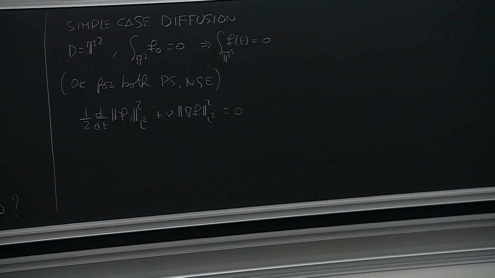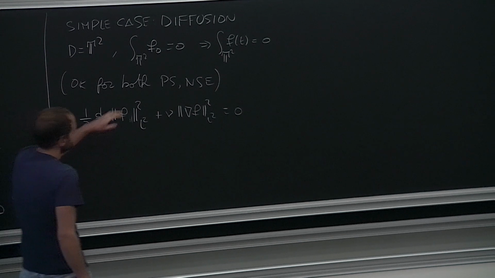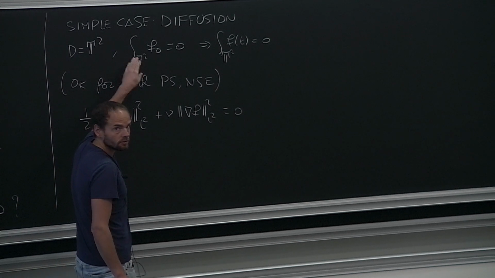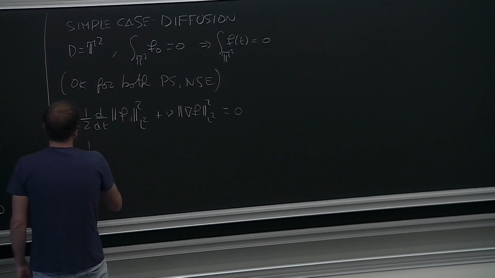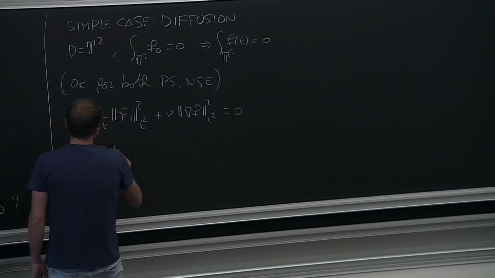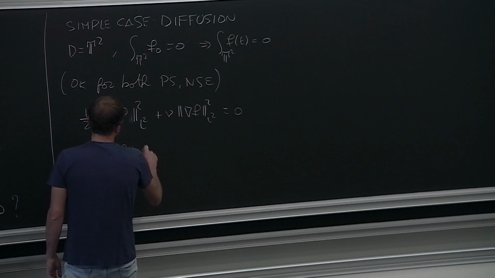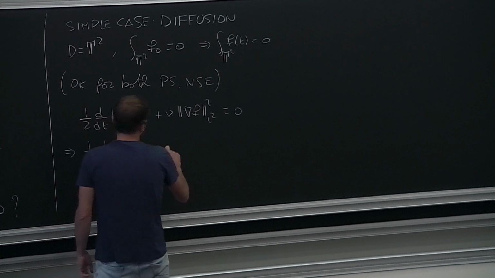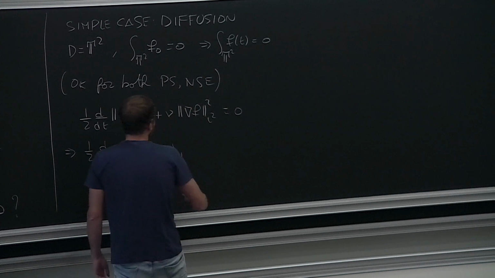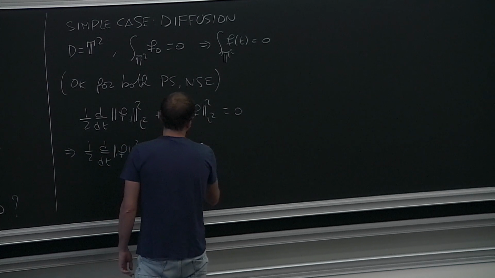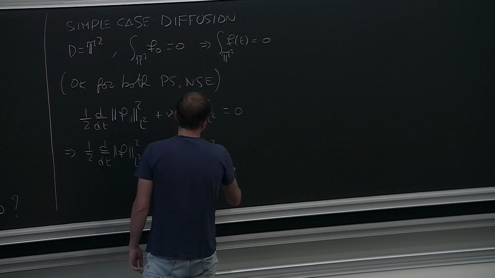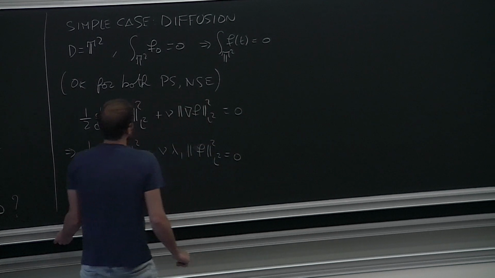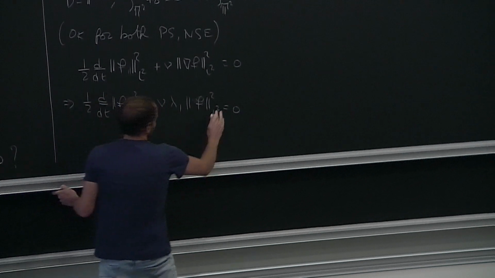And because I'm looking at mean zero functions, I can just use the Poincaré inequality. So I put lambda 1 as the Poincaré constant, which in this case is actually 1, but okay. Less than or equal.